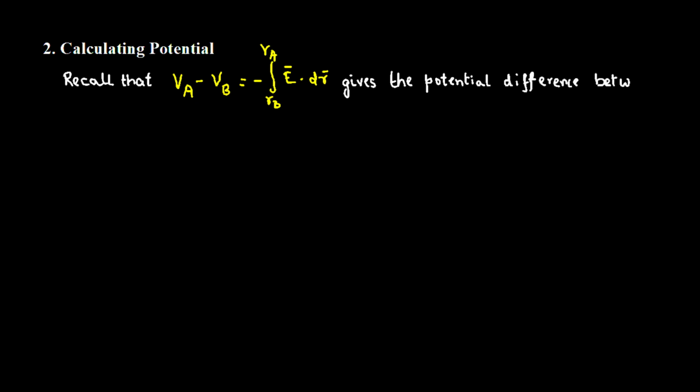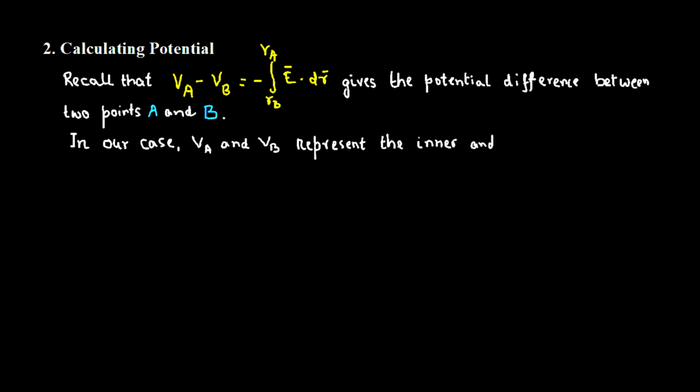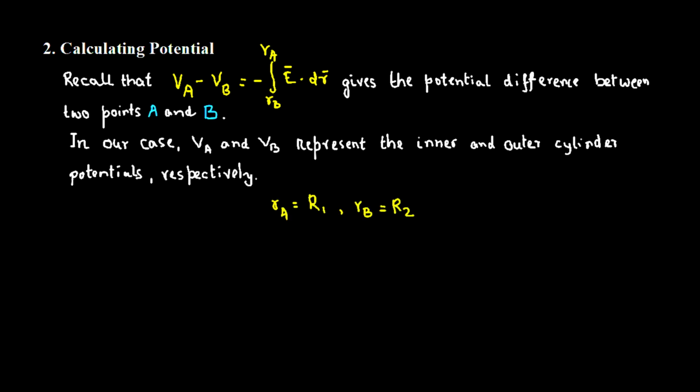Number 2. Calculating potential. Recall that VA minus VB is equal to negative the integral of E dot dr going from rB to rA, which gives the potential difference between two points A and B. In our case, VA and VB represent the inner and outer cylinder potentials respectively. rA will be R1 and rB will be R2.